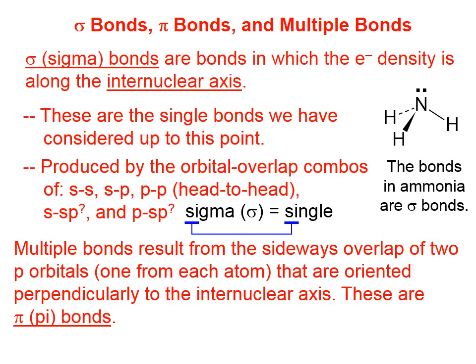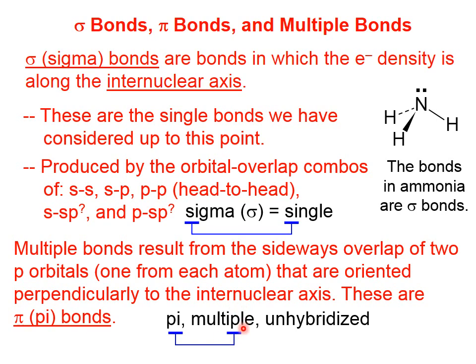Multiple bonds result from the sideways overlap of two p orbitals, one from each atom, that are oriented perpendicularly to the internuclear axis. These are pi bonds, and a little mnemonic to help you remember that pi bonds are involved anytime there is a multiple bond: the word pi is right there in the word multiple.